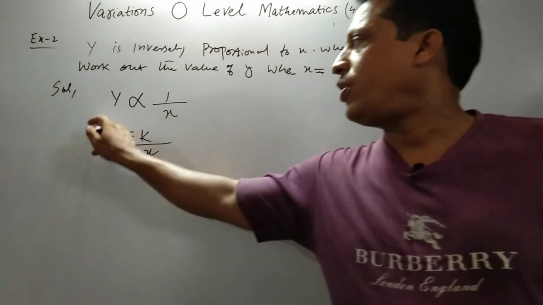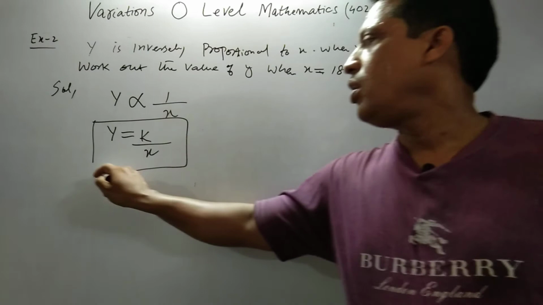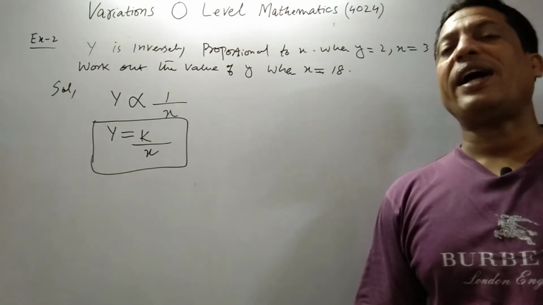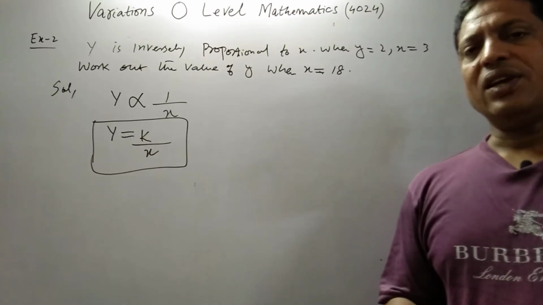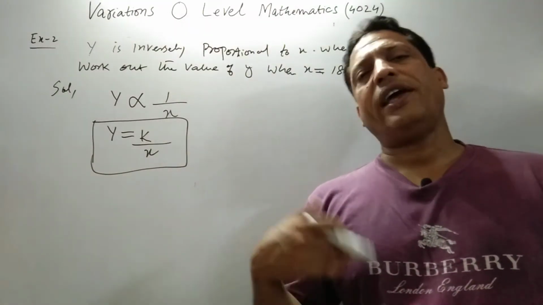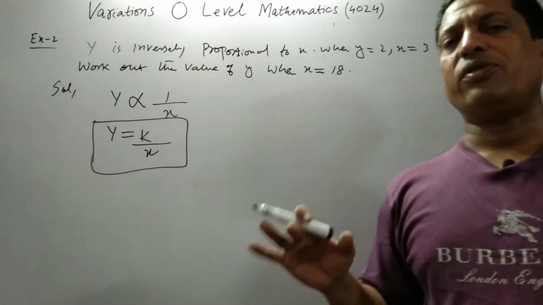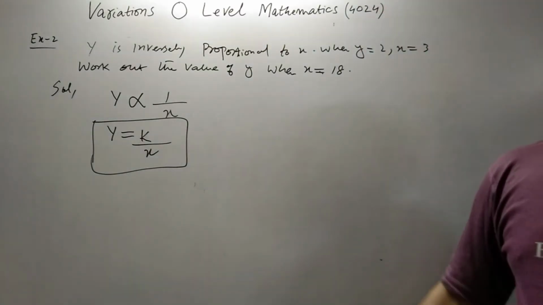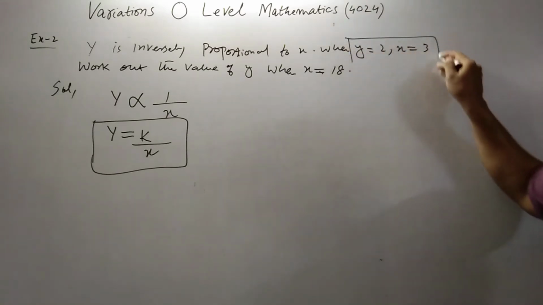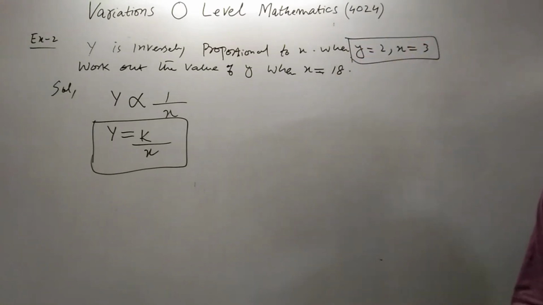This is our formula. Now, what I told you, the first step is to find the value of k, whether you are doing questions of directly proportional or inversely proportional. How to find the value of k? With the help of these first two values given.